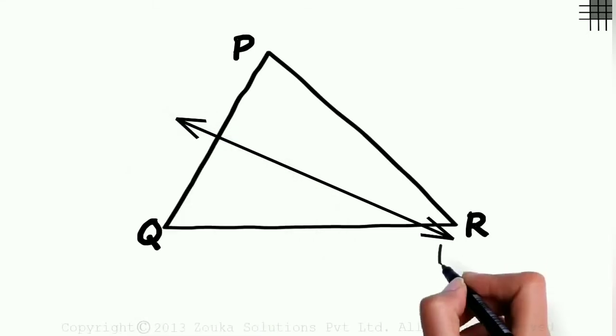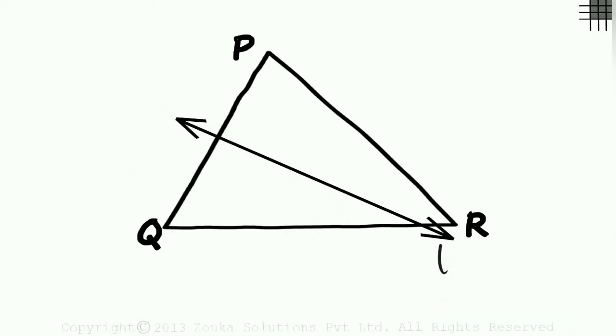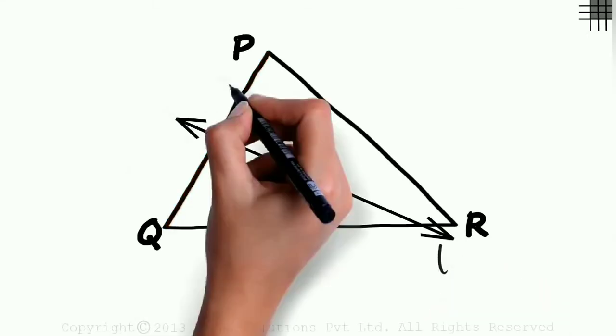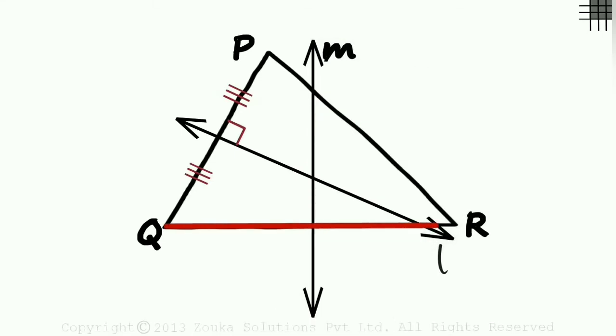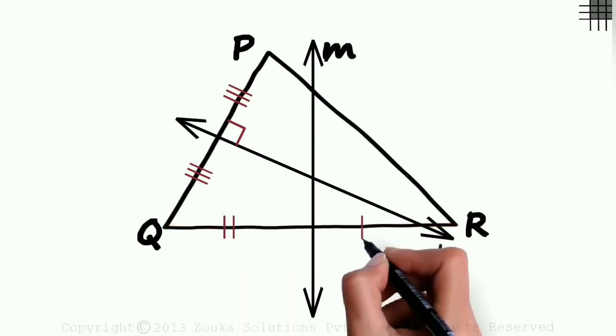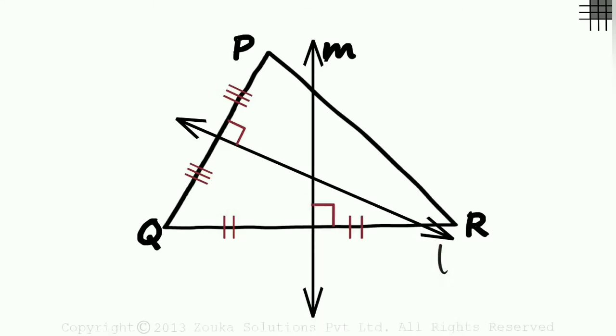Let line L be the perpendicular bisector of segment PQ. These 2 sides will be equal and this will be a right angle. Let line M be the perpendicular bisector of side QR. That will make these 2 sides equal and this angle a right angle. Now we have to see if the perpendicular bisector of segment PR passes through this point.